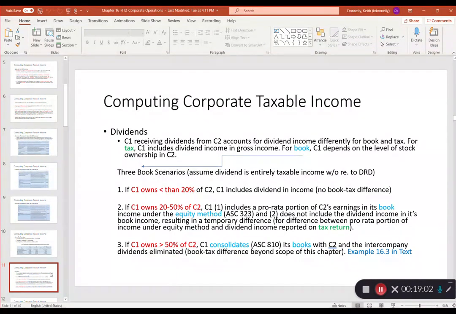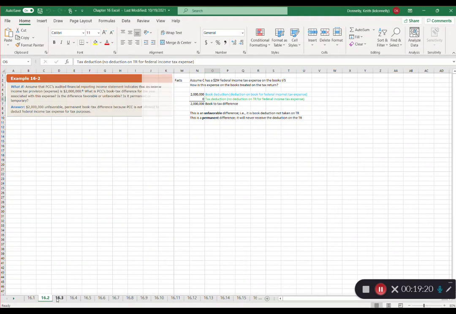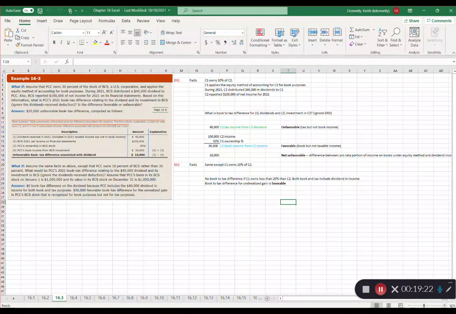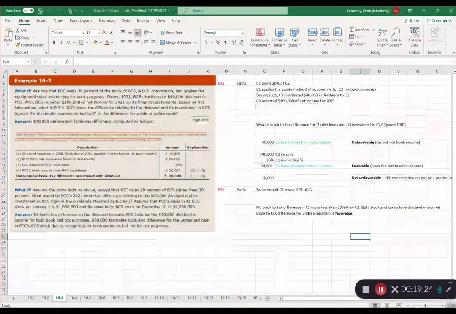That's going to result in a difference between book and tax. And then finally, if you own more than 50% of the corporation, for book purposes, you have to consolidate your books and records. So that's like advanced accounting, advanced financial. They look through that. Let's look at 16.3 here to give this a specific example with some numbers.